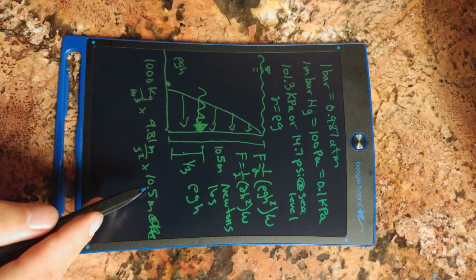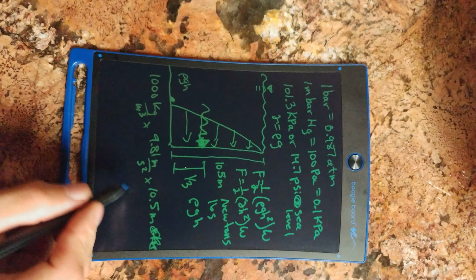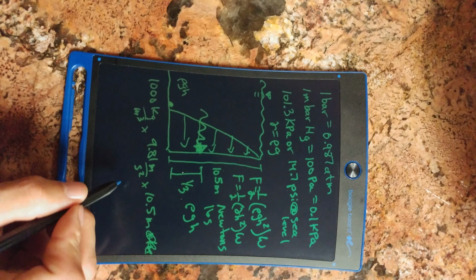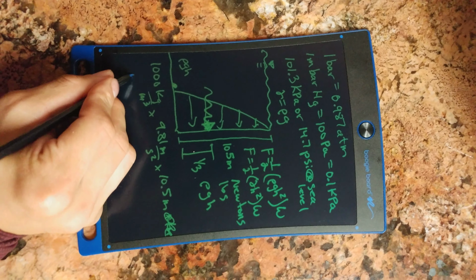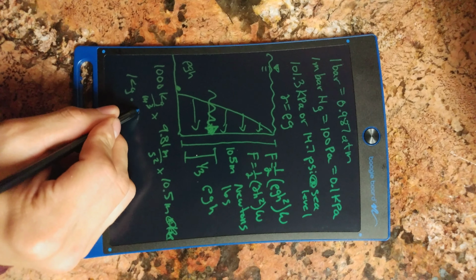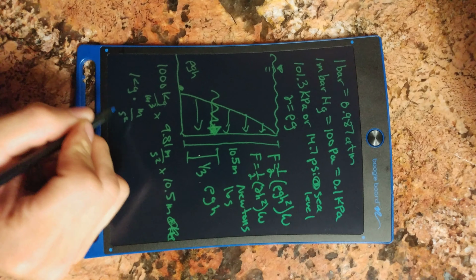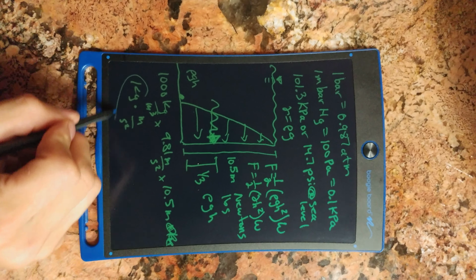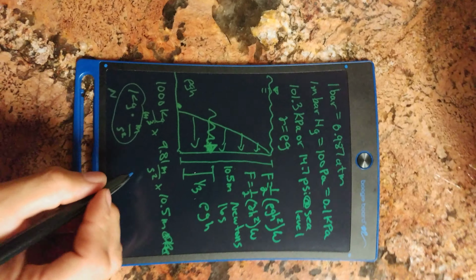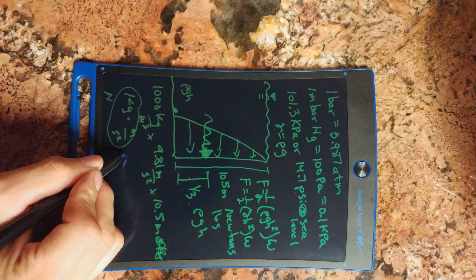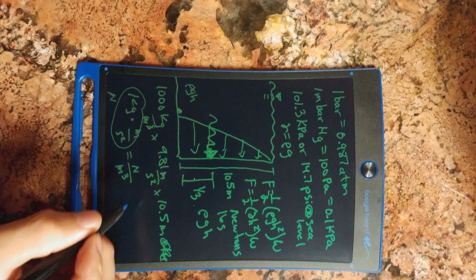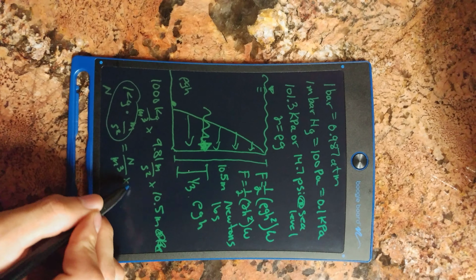If you check the units, we have kilograms times meters per second squared. This term right here is newtons, which is mass times gravity. So we got newtons divided by meters cubed times meters.